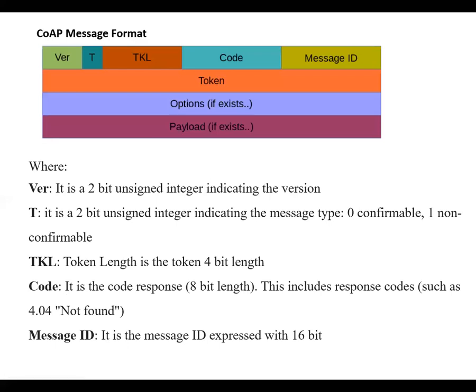And this is typical, normally when you type something and the server is not available, you are familiar with seeing this type of message, 4.04 not found. So this is a message code response actually. Message ID is expressed with 16 bits.